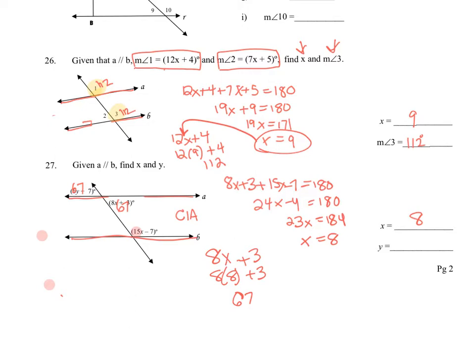So I can use that to set up an equation: 6y plus 7 must be equal to 67. And if I solve this now for y, y will equal 10.